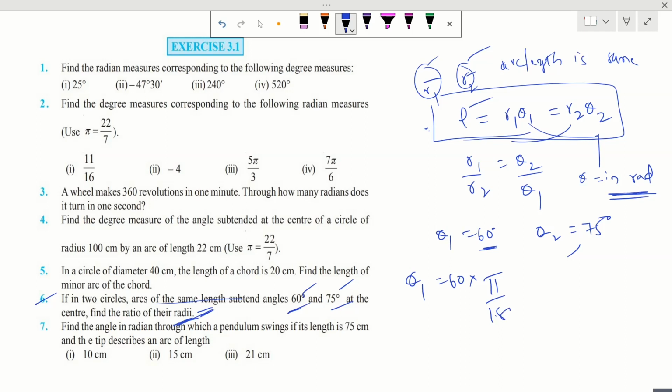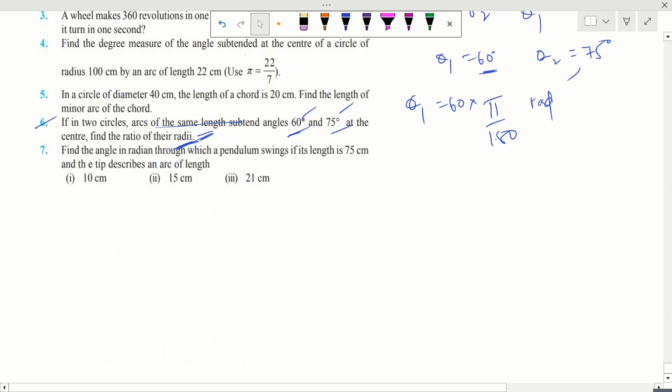If you multiply 60 by pi by 180, then it is in radian. 6 ones are 6, 6 threes are 18, and the zeros get cancelled. So here we got pi by 3 radian.